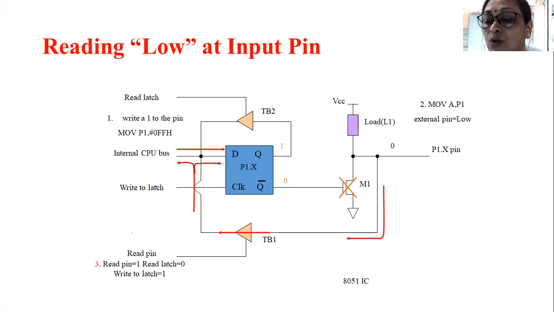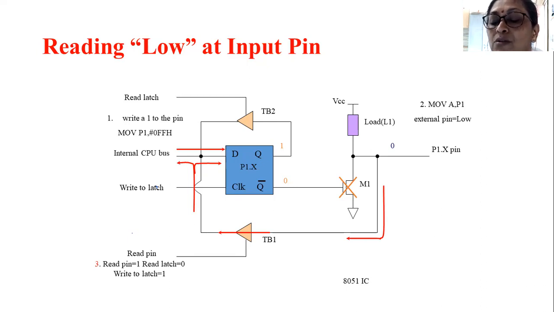Okay, so we will summarize here. While summarizing, first I will tell you about the write operation. A write operation is from internal bus of CPU to the port pin. Whatever data present on the internal bus of CPU will be sent to the port pin.